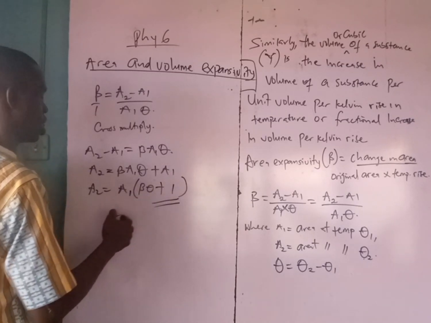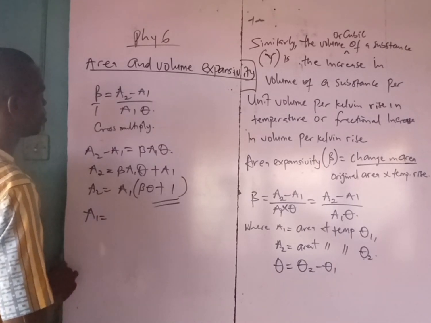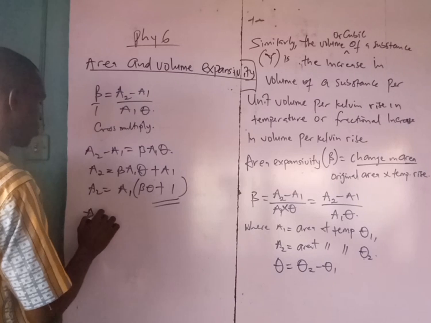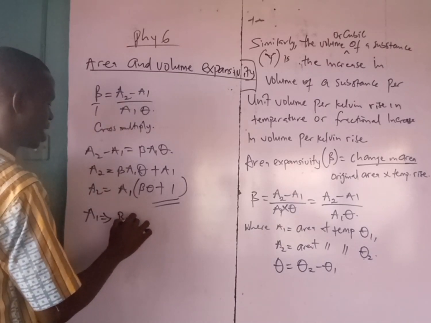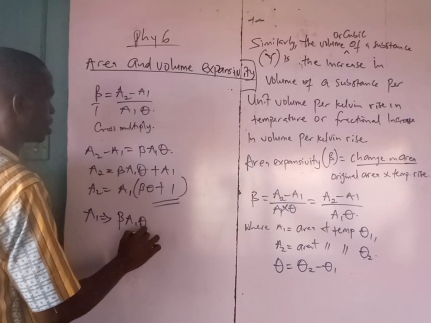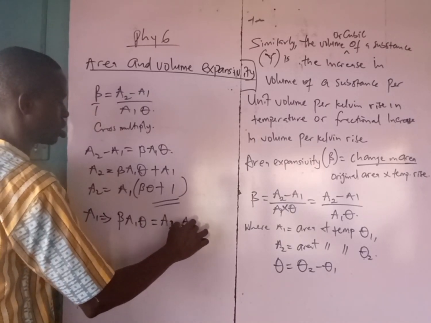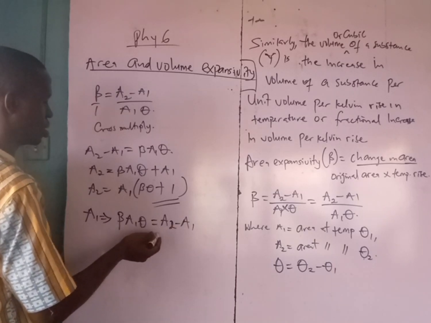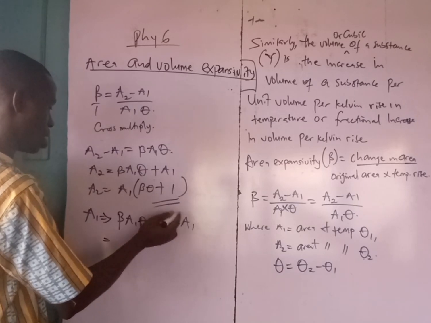Now if you want to find A1, we cross multiply: beta A1 theta equals A2 minus A1. We are looking for A1, so let the A1 here come to this other side.